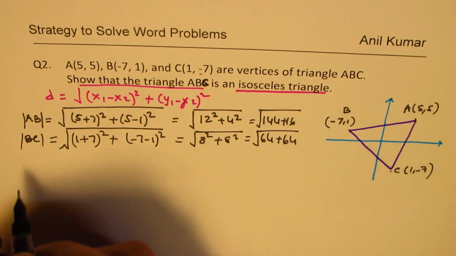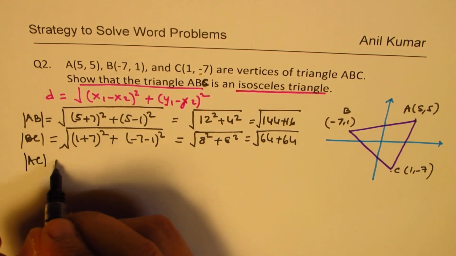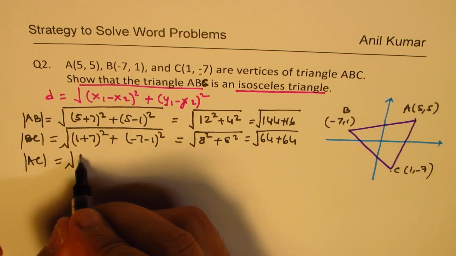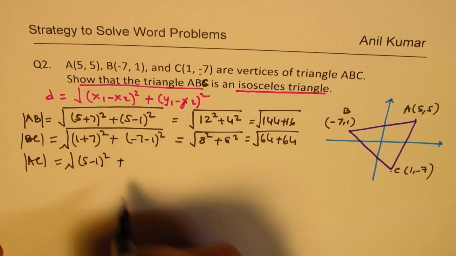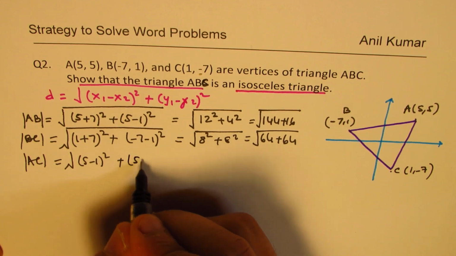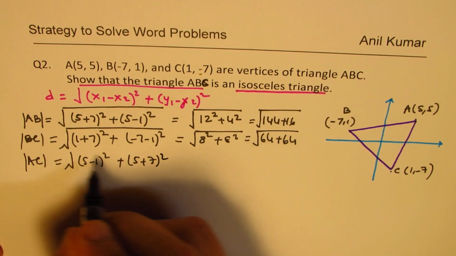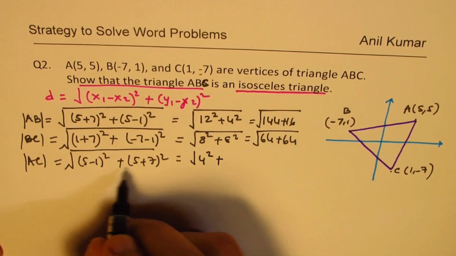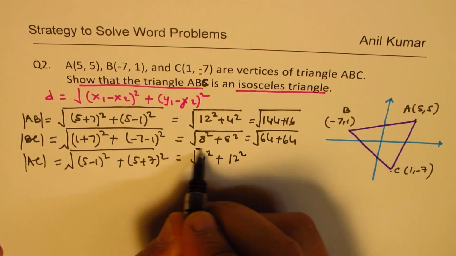Now let's see what is A to C. So A to C is square root of, let's do 5 minus 1 whole square plus 5 minus 7, which is 4 square plus 12 square, right?